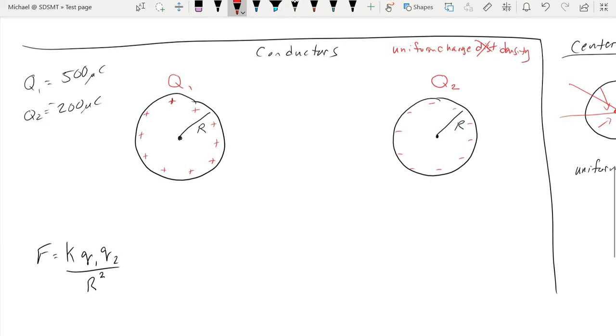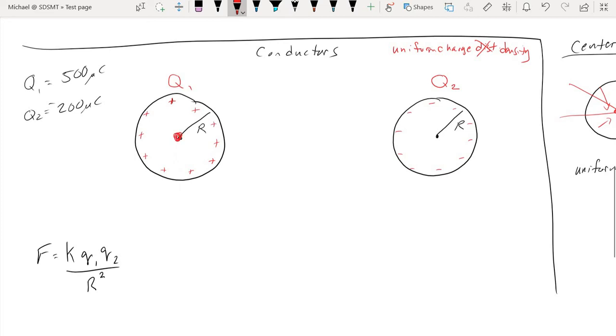And if we were to go through and make some half cuts through this sphere, every time we cut it in half, we would have the same amount of charge on each of those half cuts, and so the center of charge for this sphere would be located right at its center.